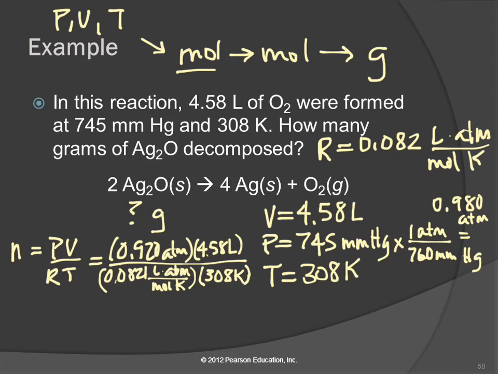So 0.980 times 4.58 divided by 0.0821 divided by 308.